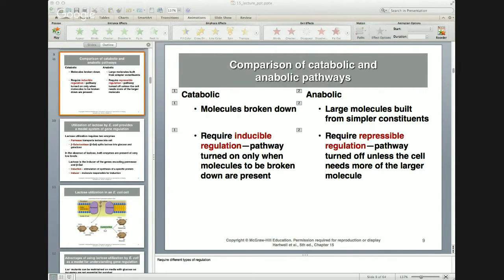So in the absence of the inducer, which is lactose, the repressor protein here, which is encoded by the repressor gene, will bind to the operator site. And once the operator is bound by this repressor protein, it prevents transcription of the LAC-Z, Y, and A genes. How does it do that?